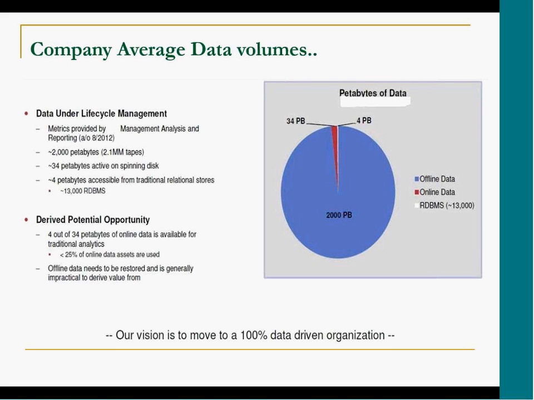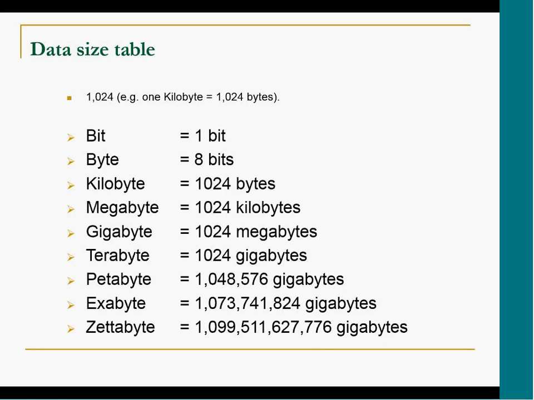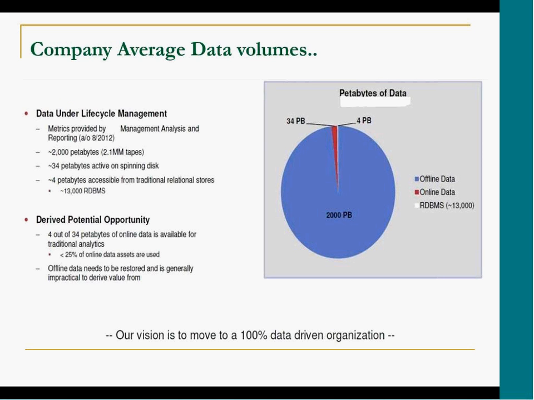Again, what is a petabyte? I'll just give you an additional slide here. So a petabyte is nothing but 1024 terabytes. A terabyte is nothing but 1024 gigabytes. And if you go to the next level, there will be 1024 exabytes. So it's data they have collected as of now.